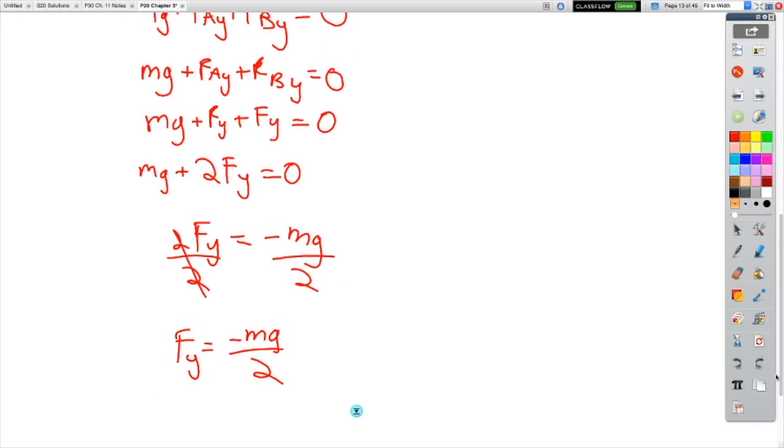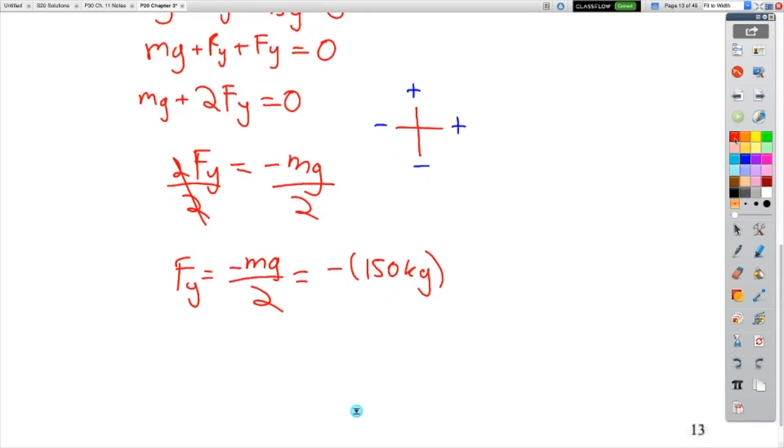Okay, and so I got that Fy equals negative mg over 2, which equals negative, the mass of the sign was given as 150 kilograms. Okay, again, sorry, we're plugging in now, so we should assign some directions. Let's say up is positive, down is negative.